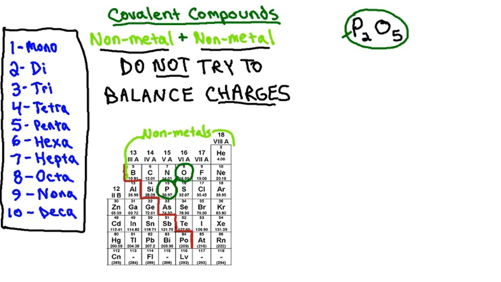So the first thing we do after we verify that this is a covalent compound, because they're both nonmetals, is write down the words of the elements that are in here. So this is phosphorus, and this is oxygen.